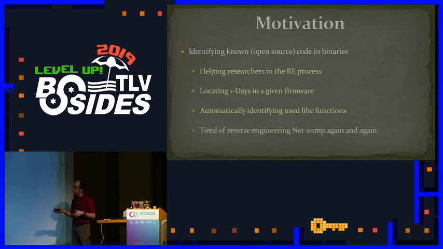So I don't want to reverse engineer NetSNMP over and over and over again. If we would have an automatic tool to identify it and match the functions, I could skip directly to interesting modules instead of reverse engineering the same open source that is already known and has no good exploitable vulnerabilities.